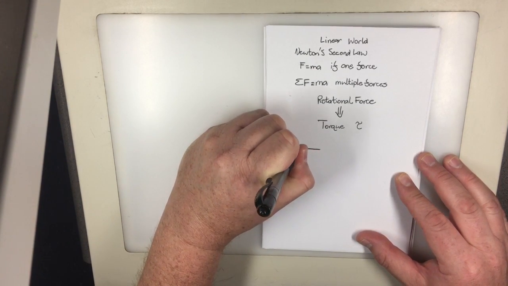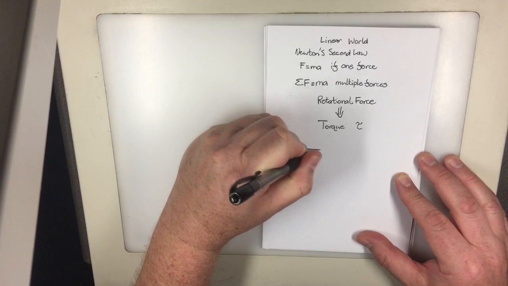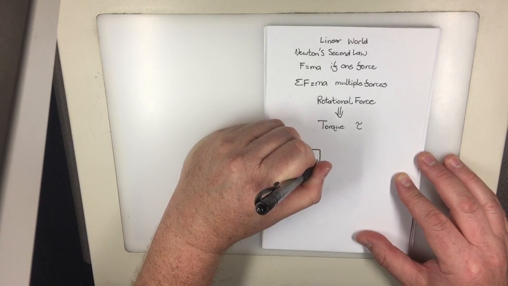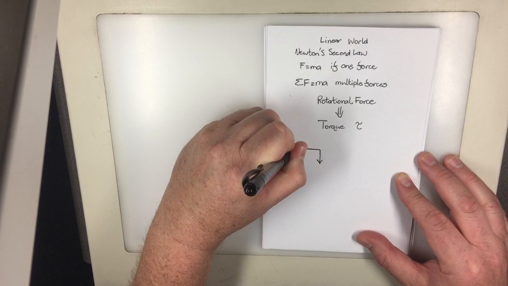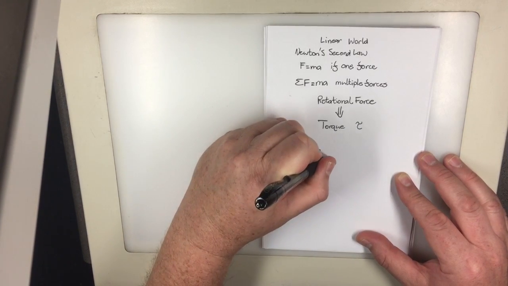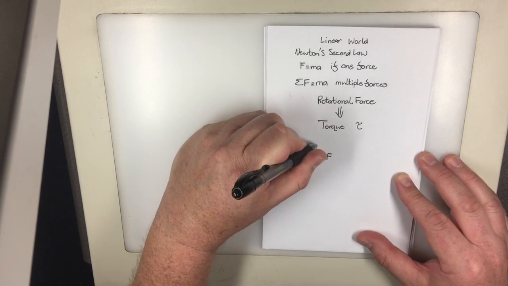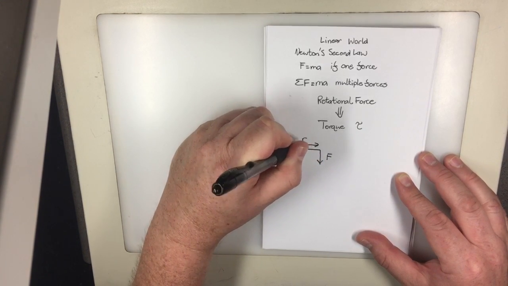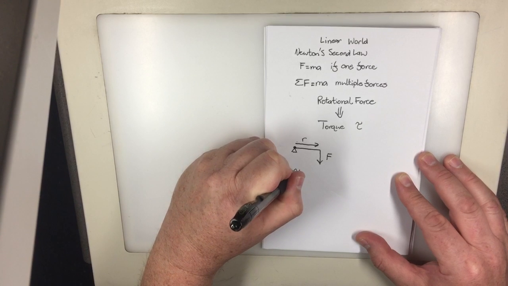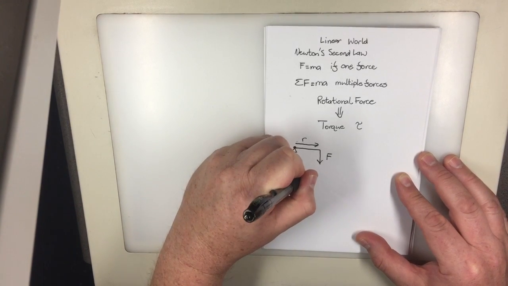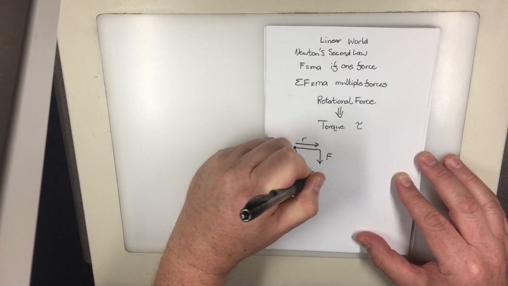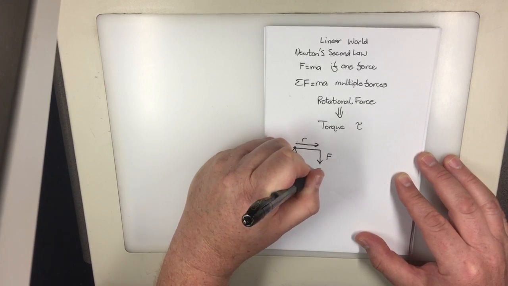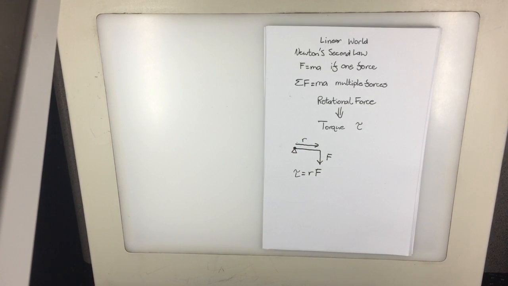One is if you have a fulcrum, a rotation point, a pivot point, and there is a force out a specific distance r, then the magnitude of torque is r cross F. So if you take F and multiply it by r, then you get the torque.